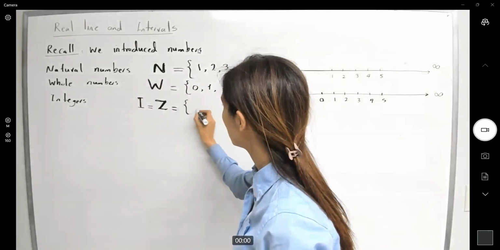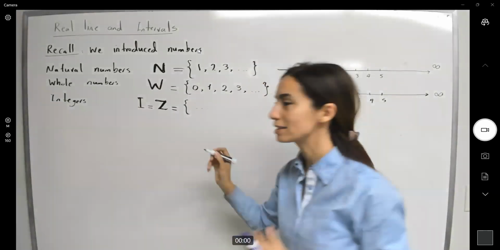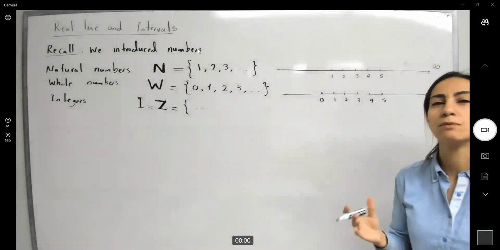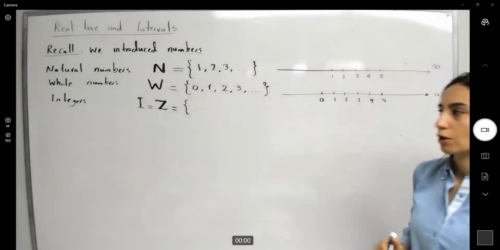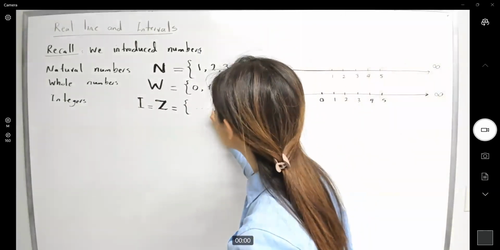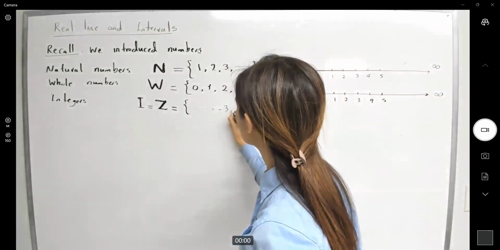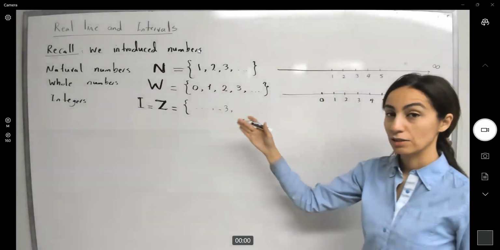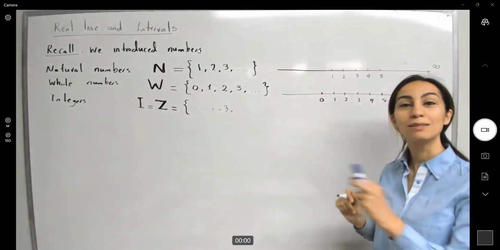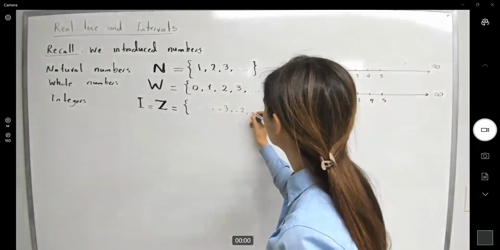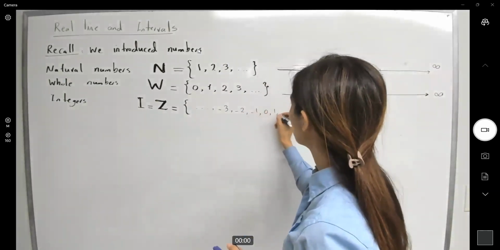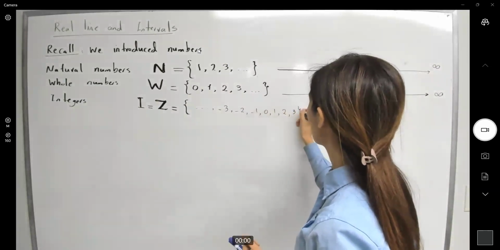Starting from the left, the smallest number, we have no idea what's the smallest number on the left-hand side. What is the smallest negative number? We only use some of the negative numbers to say that on the left-hand side we are getting to smaller numbers: -3, -2, -1, 0, 1, 2, 3.